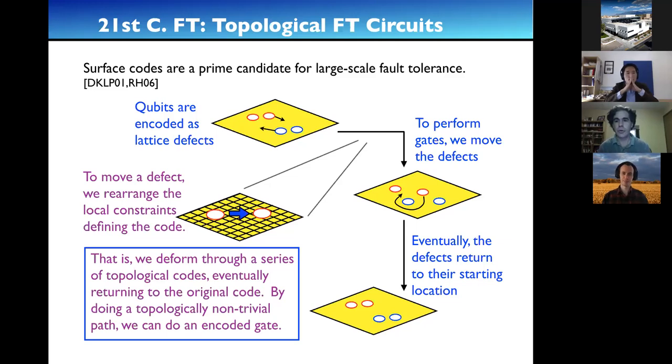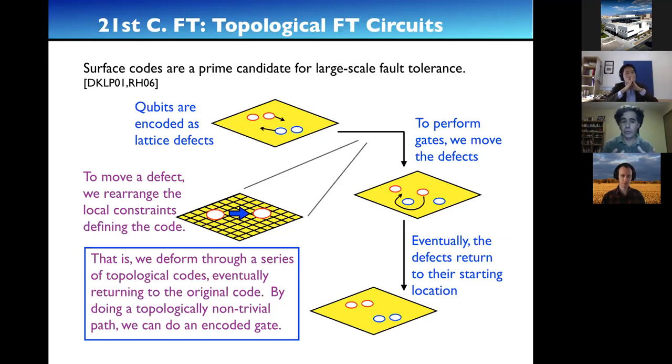In the surface code, you can encode your logical qubits, your encoded qubits, using defects in a lattice of qubits. The qubits are arranged in 2 dimensions, which is one reason why this is a very nice code to use. You'll have constraints on the qubits, and that's what forms the error-correcting code. But in some places, you relax those constraints, and you have holes, as in the picture.